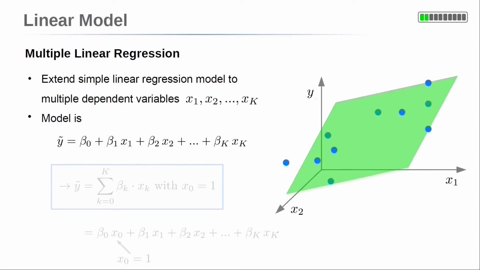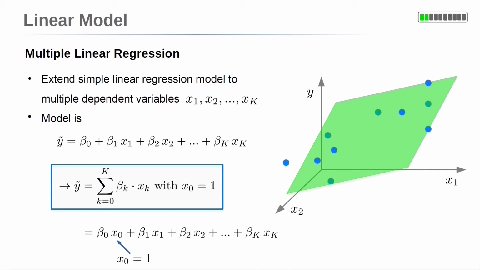From this one-dimensional linear model, it is straightforward to go to multiple dimensions. The multiple linear regression model takes capital K independent variables x into account. The model is given by beta 0 plus beta 1 times x1 plus beta 2 times x2 plus and so on plus beta capital K times x capital K. With some notation, this can be expressed in short form.